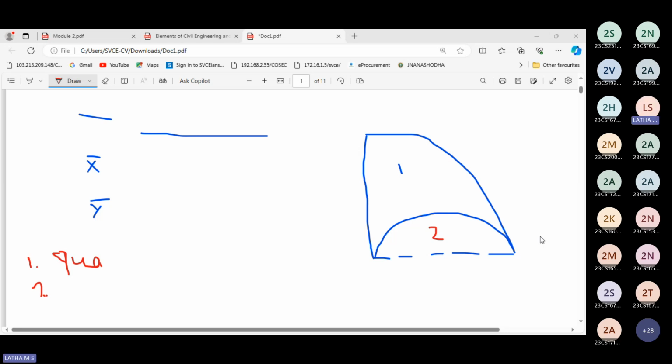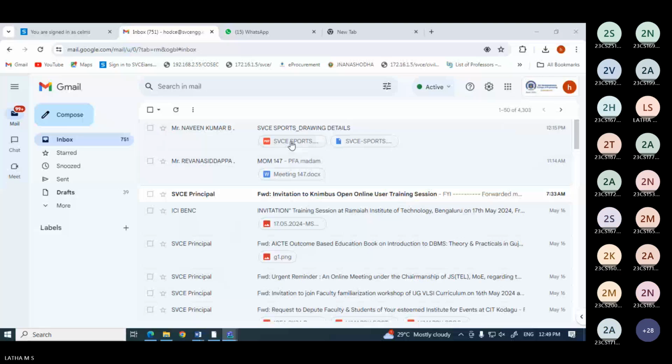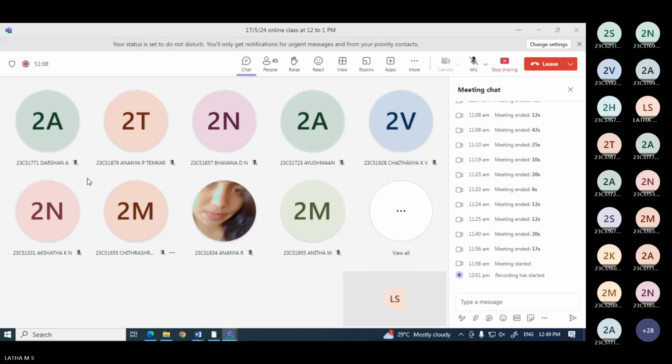Anyone who got the answer? Yes. Value of x bar and y bar.